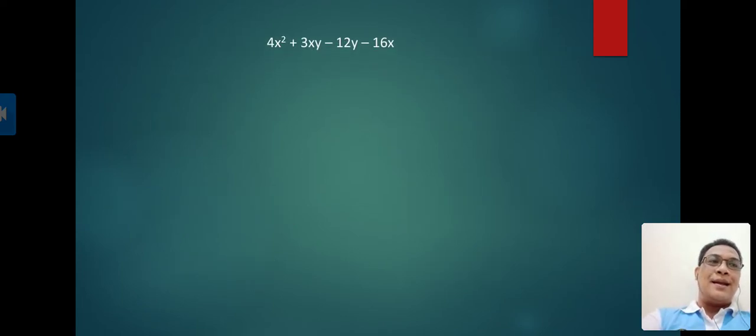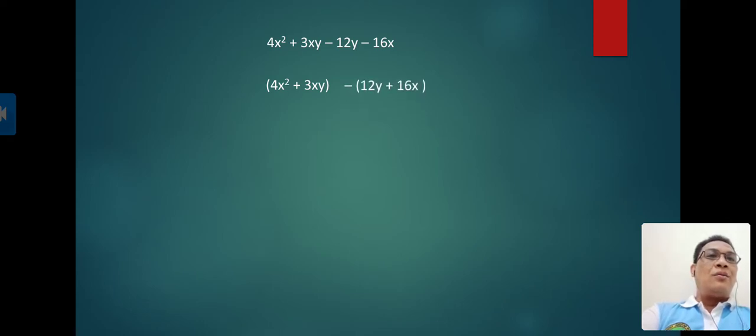Okay, so let me have this: 4x squared plus 3xy minus 12y minus 16x. Let us group the first and second terms. That will be your first group. And your second group will be 12y plus 16x.